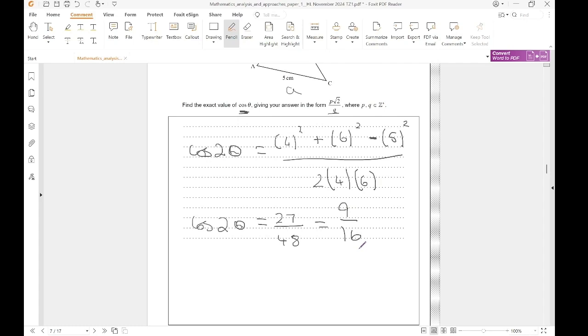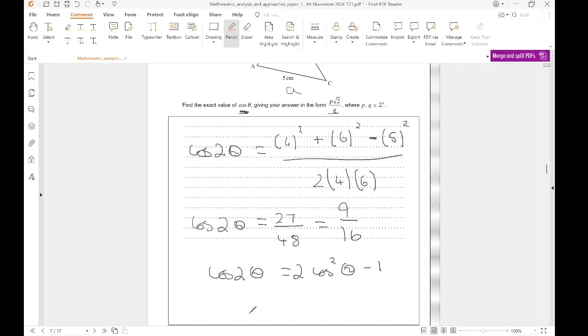Now you try to use something called a double angle identity. You should have these memorized, or you can use the formula booklet. The double angle identity I'm going to be using is cosine 2 theta is equal to 2 cosine squared theta minus 1. Now we know what cosine 2 theta is, so we plug it into this equation.